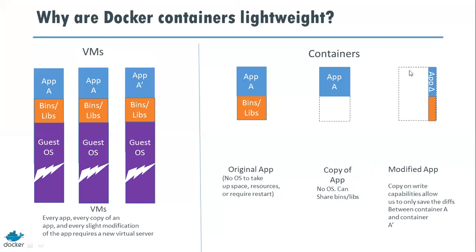Another main feature of container is this. Suppose you had a host operating system as Red Hat Linux. You brought in a Debian image over there, and then you install some more packages.